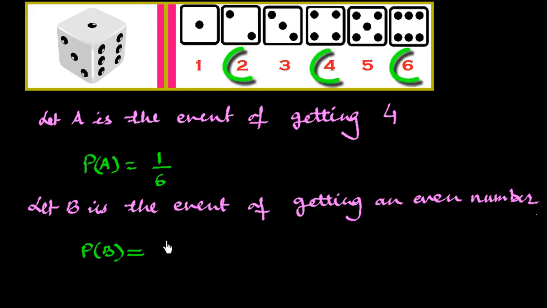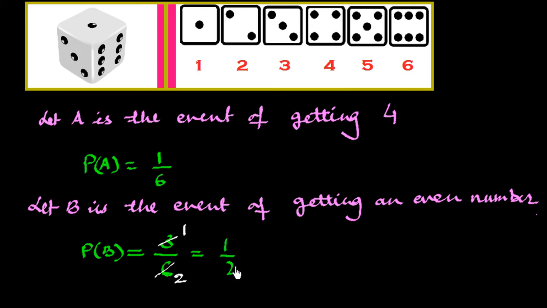To find the probability of an even number, we have 2, 4 and 6. We have 3 even numbers out of these 6. So we have 3 favorable outcomes, so it is 3 over 6. Dividing by 3, we get 1 over 2. So 1 by 2 is the probability of getting an even number from a single dice.